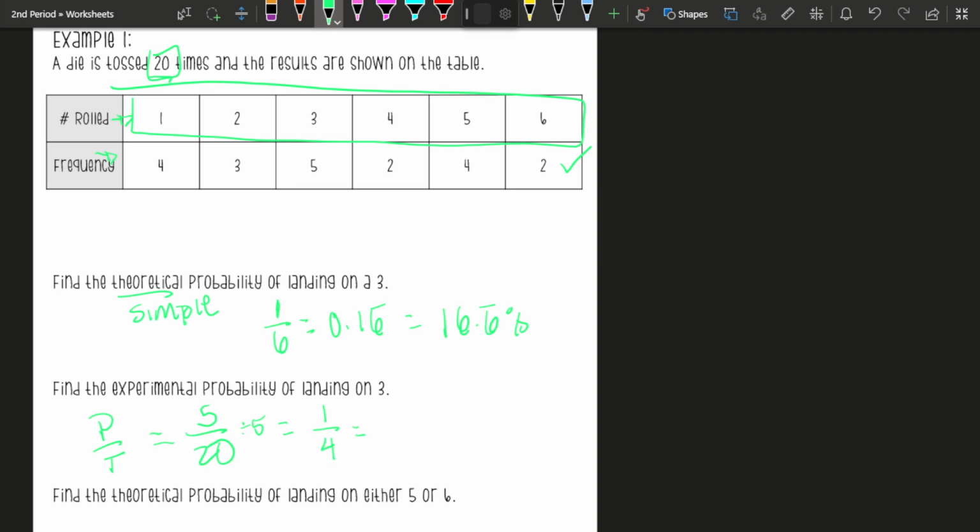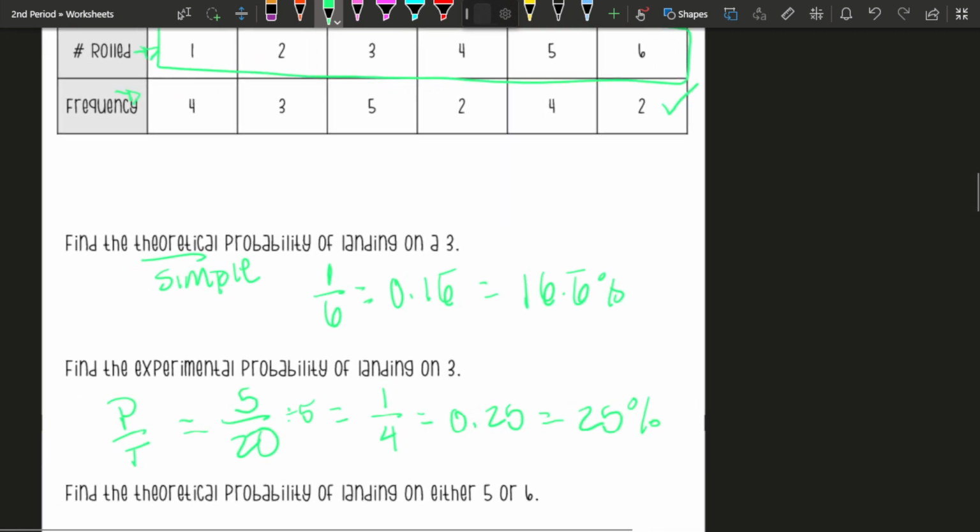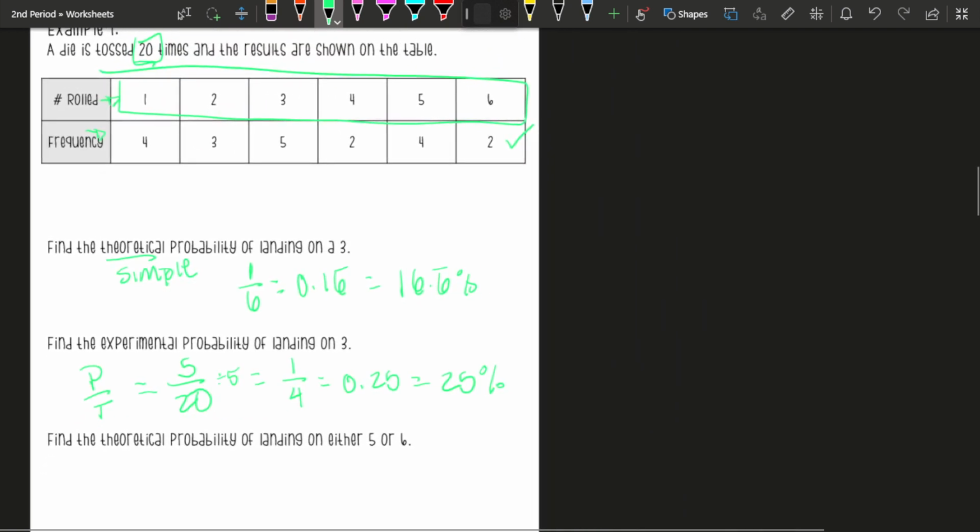And we know this one as a decimal right away, right? 0.25 or 25%. Okay? Again, for experimental, we're looking at the frequency that thing happened divided by how many times you did that experiment. It's still part over total, but now from the actual experiment.